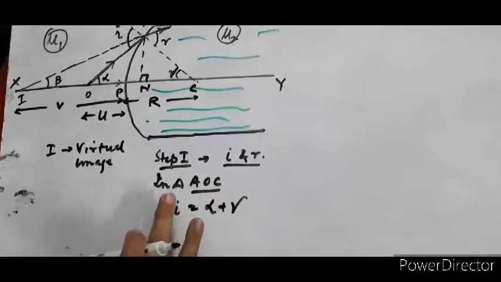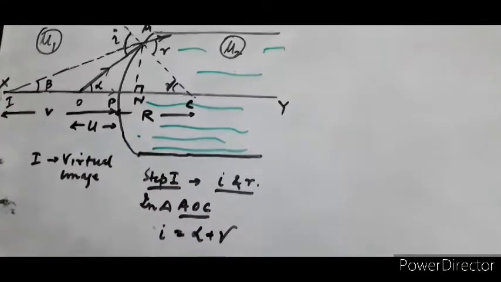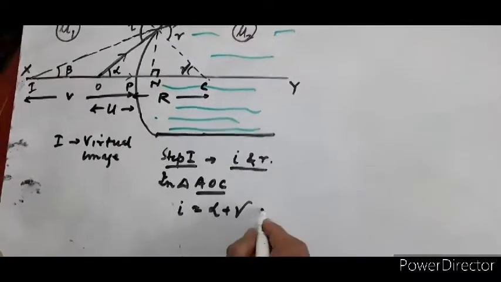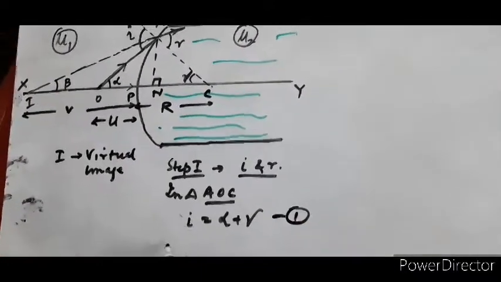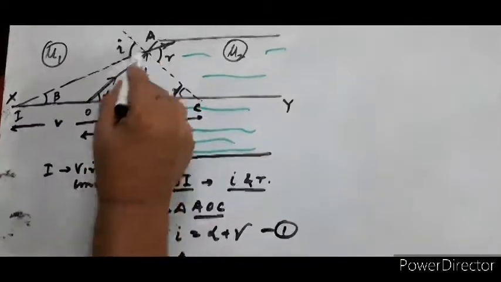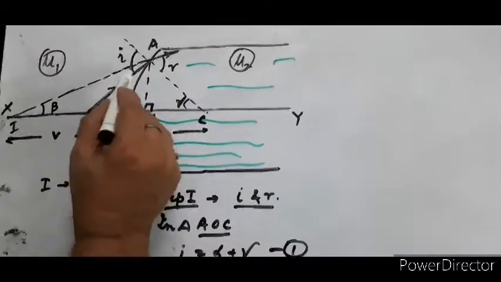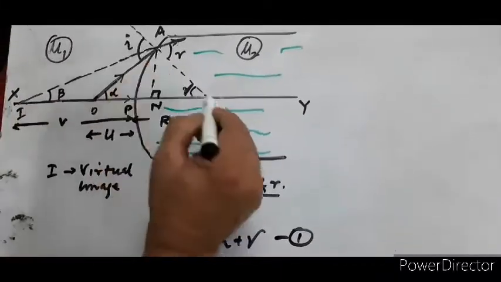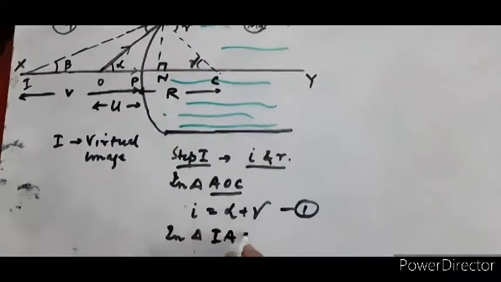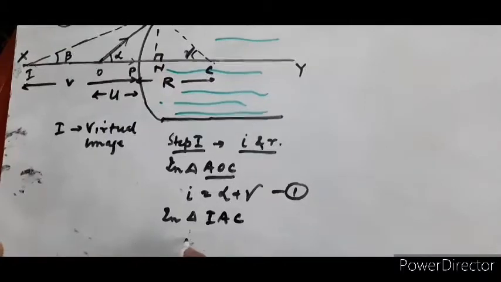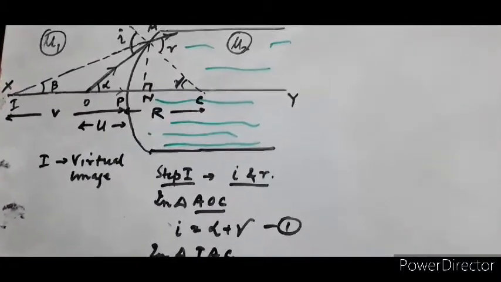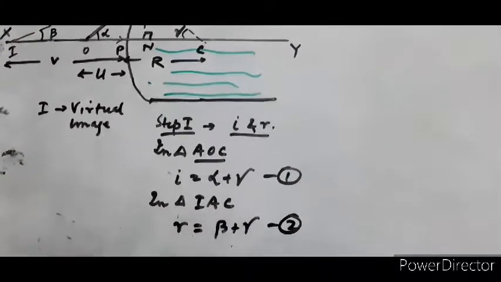It is better to write only I, because it is easier. I is equal to alpha plus gamma. That is number 1. Similarly, for finding R, in triangle IAC, angle R is equal to beta plus gamma, right?